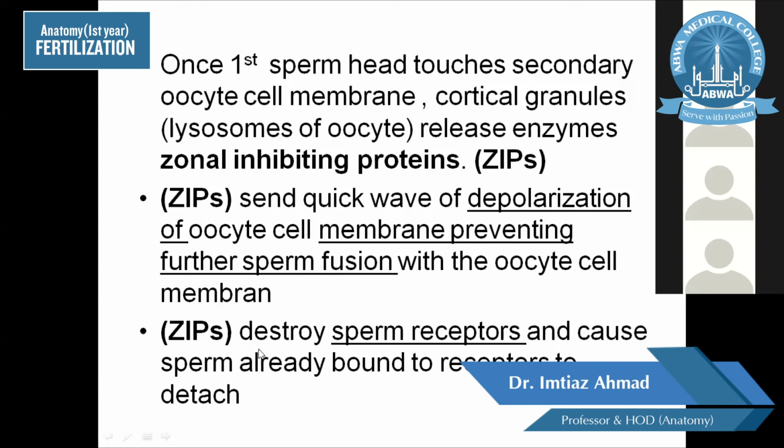Secondly, they destroy the sperm receptors. And what is the result? The already bound sperms get detached. So this is the mechanism by which not more than one sperm's contents can enter the cytoplasm of the secondary oocyte. So the cortical reaction is basically prevention of the penetration of further sperms into the cytoplasm of the secondary oocyte.